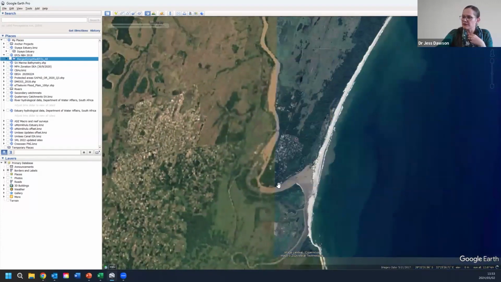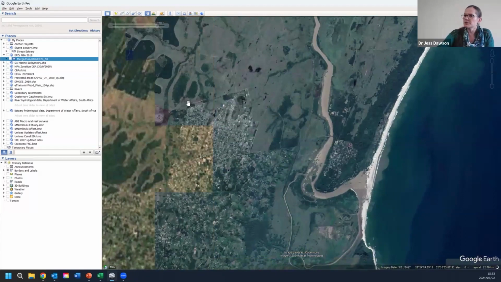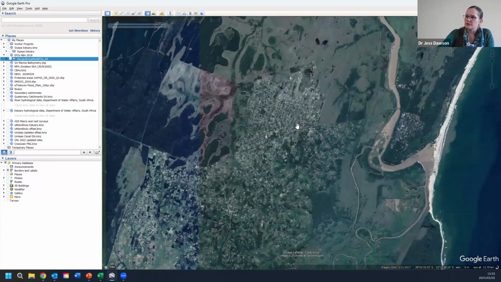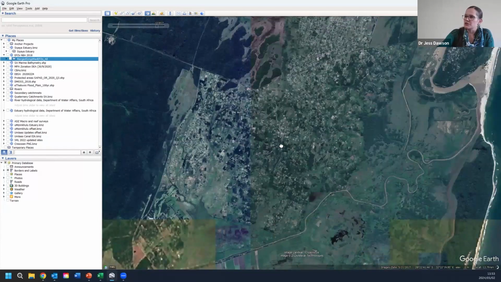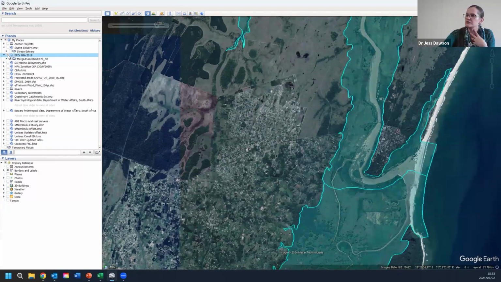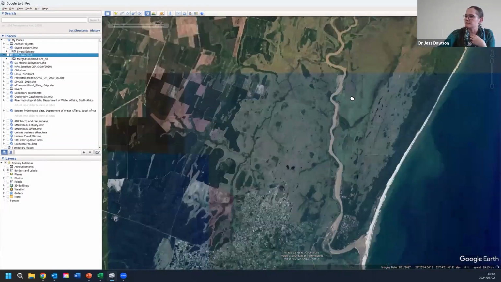So here at the mouth of the estuary, you've got the small town of St. Lucia, but you've also got a lot of urban, semi-urban area here in the adjacent catchments. If we turn on the estuarine functional zone again, some of the catchment on either side of these 2 estuaries will have this urban area.